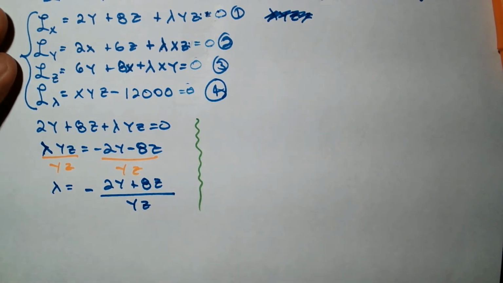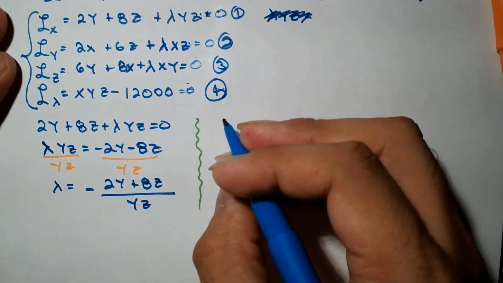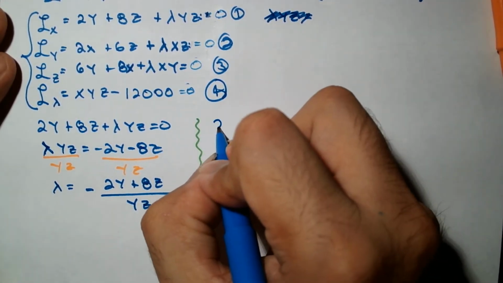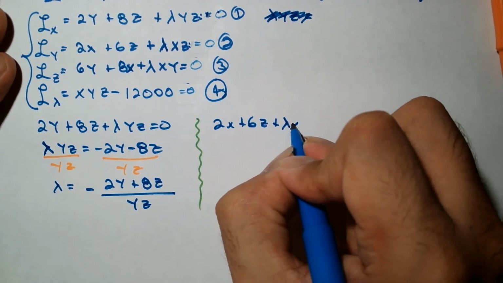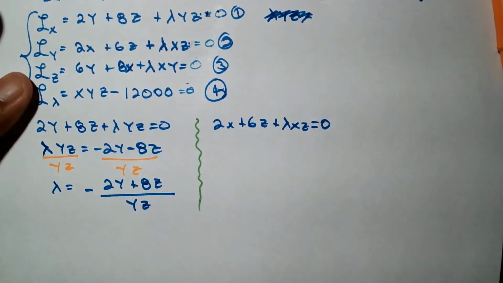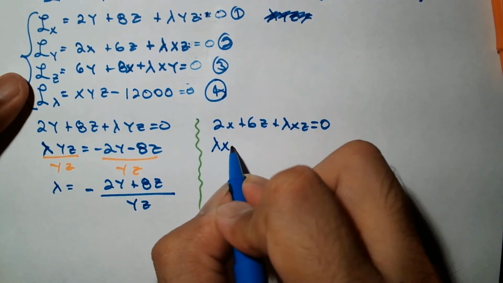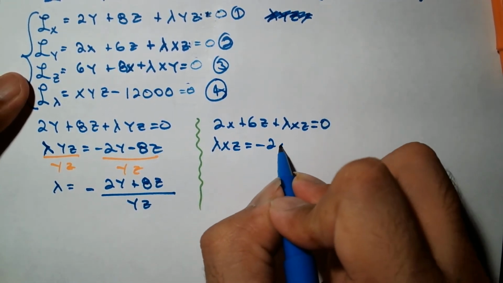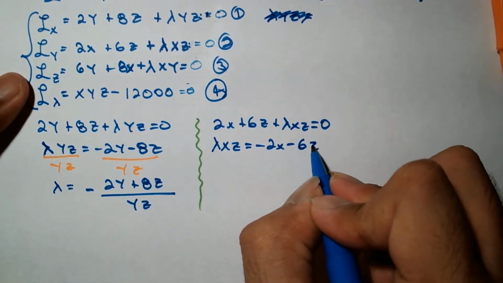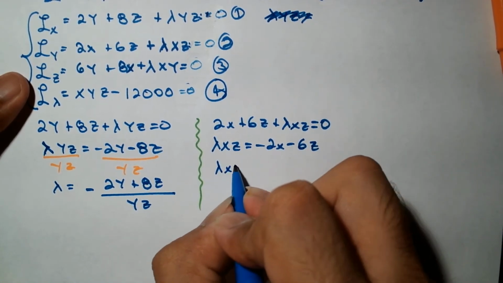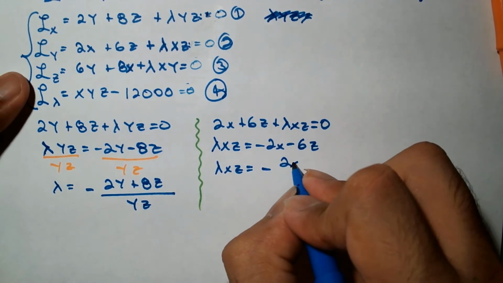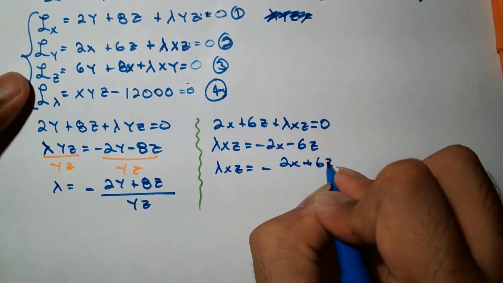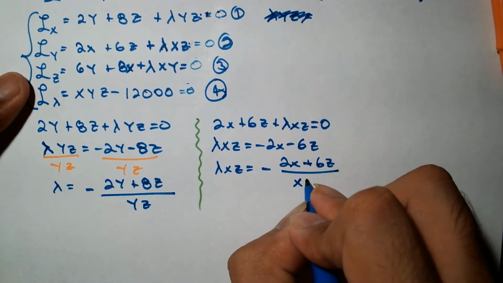Next, I'm going to do the same with the second equation. 2x plus 6z plus lambda xz equals 0. And I'm going to have lambda xz equals negative 2x minus 6z, and factoring out the negative, 2x plus 6z over xz.